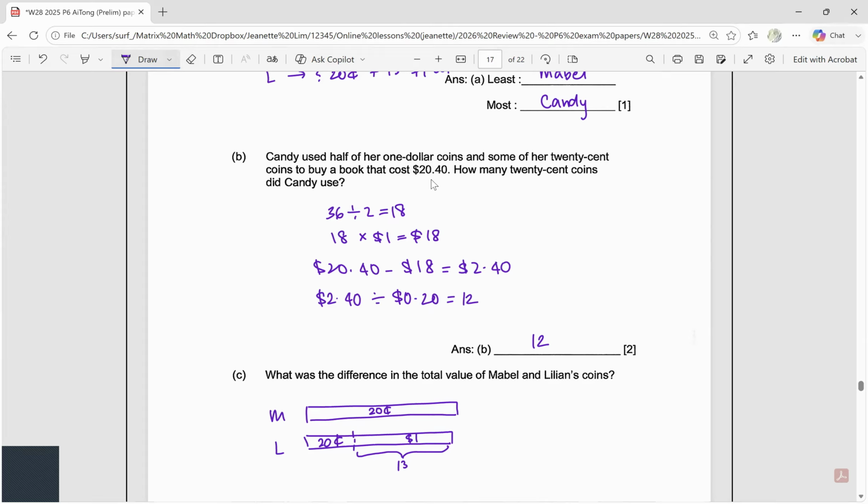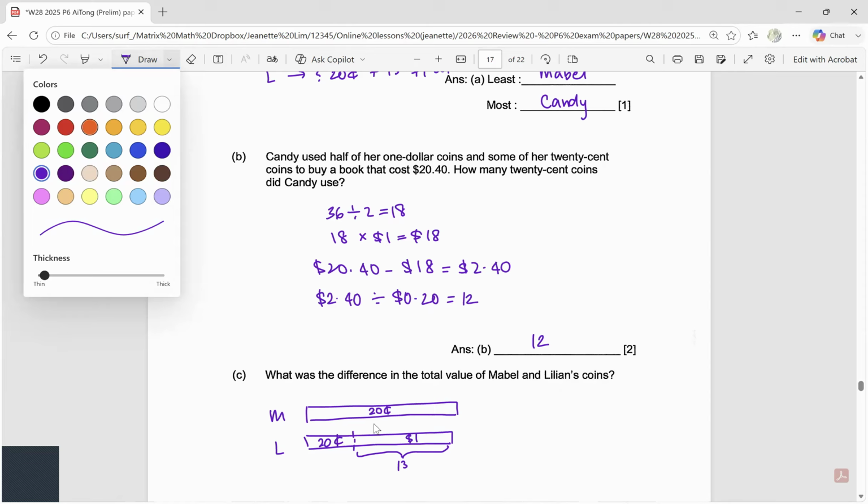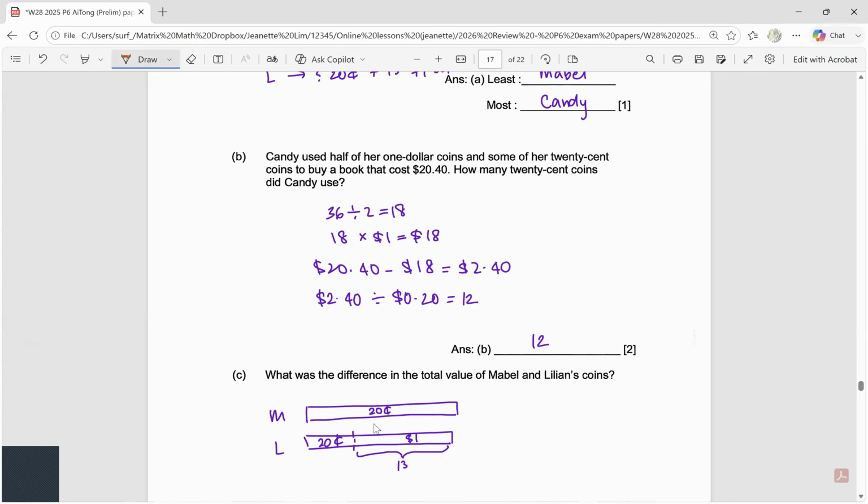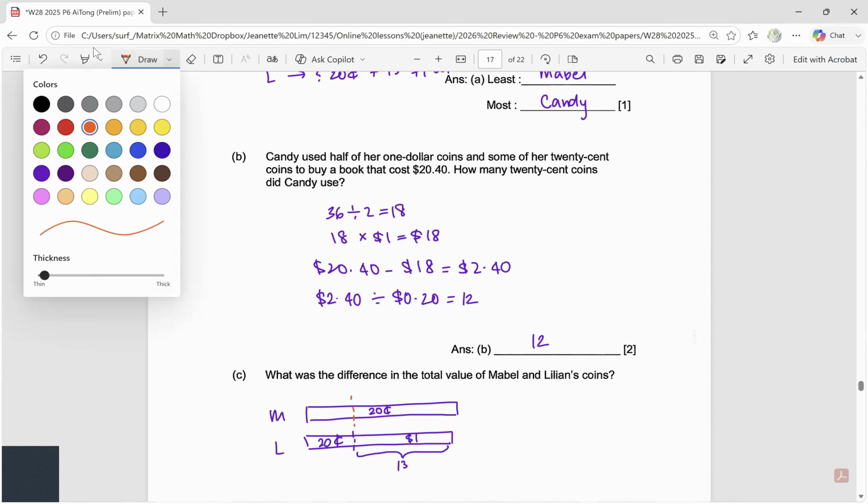Now, if you compare Mabel and Lillian, the difference actually comes from this part here. Okay, hold on.